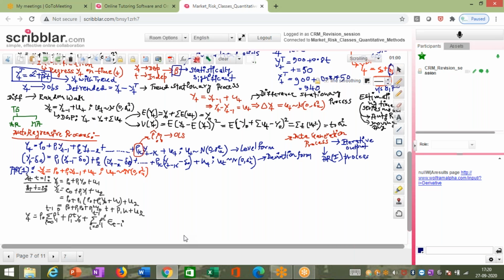So basically, as the lag increases, the impact keeps on reducing. It is that cumulative historical impact which is impacting YT.